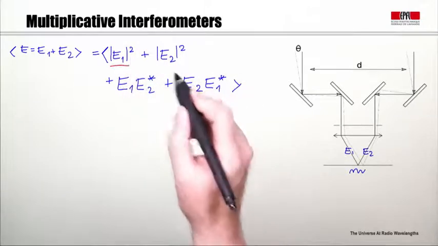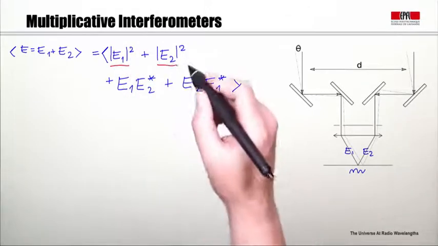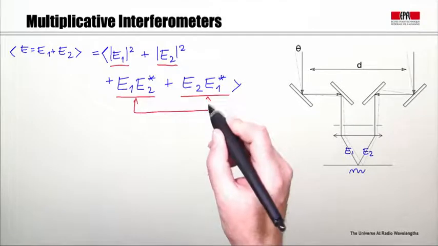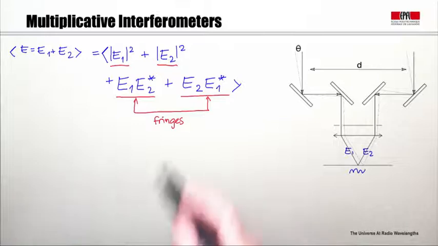Now, this one here and this one here is constant. It does not depend on the baseline. So all the interferometric information is actually in these two cross product terms. This is where the fringes ultimately come from. And in the radio regime, because we're dealing with long wavelengths, we have an important luxury.